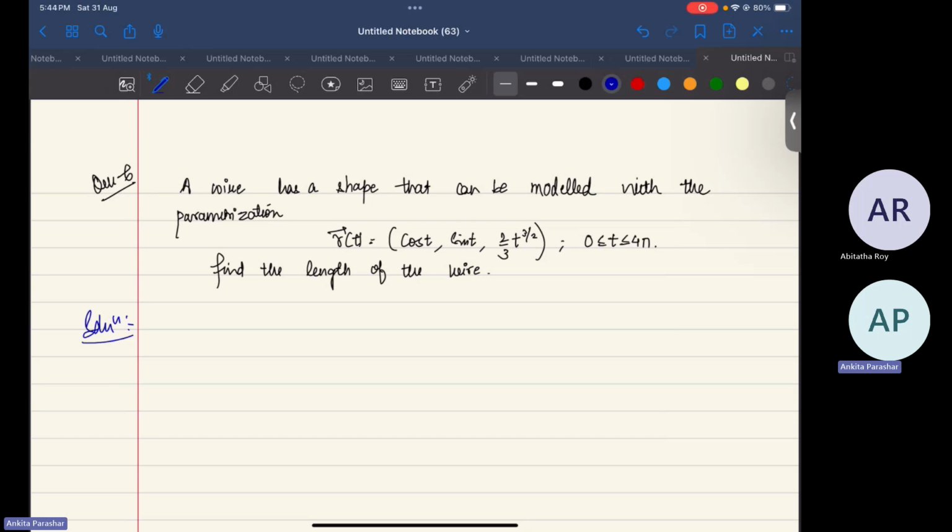Here is another good question, I feel. Suppose a wire has a shape that can be modeled with a parametrization. I don't know how the wire looks, but I have parameterized that wire in such a way that it has certain coordinates, and this is bounded by 0 to 4 pi. Now I want to find the length of the wire.